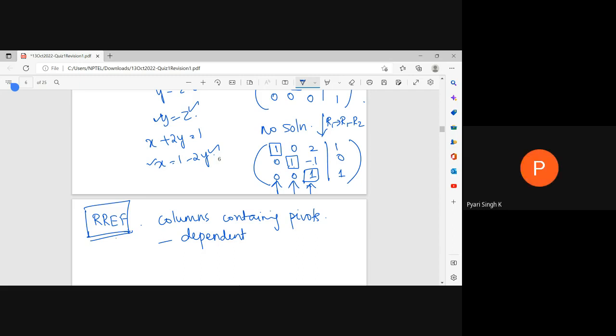Okay, so it is dependent. Ma'am, suppose it is not a pivot element. If it is independent, then you have the freedom to choose any value for that variable. So can we say that x1 and x2 both are dependent on x3? Yes, we can say that, assuming that the third element is not a pivot element.